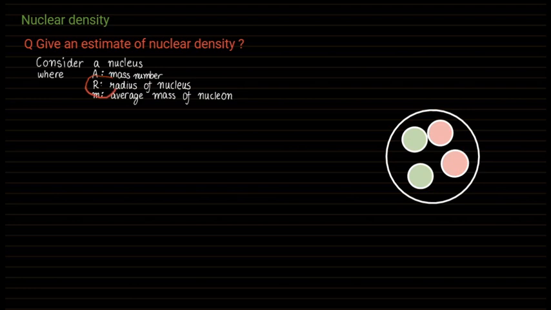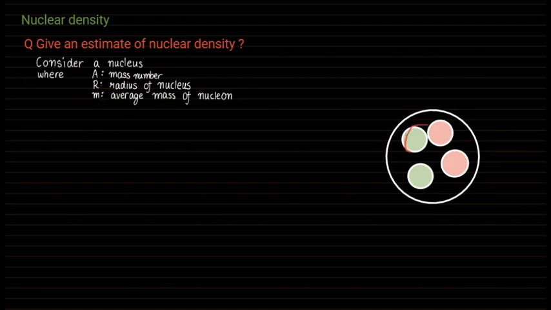Next, capital R represents the radius of the nucleus. Consider this nucleus like a liquid drop, like a spherical liquid drop. This spherical liquid drop has some radius which is represented with capital R. Now next is your small m.